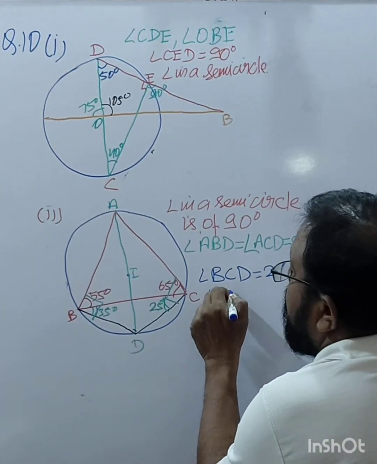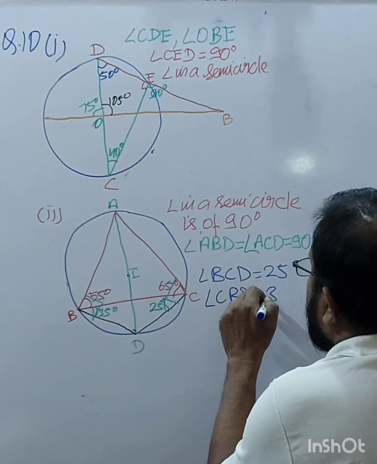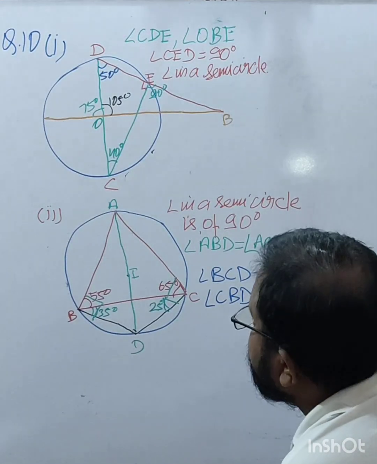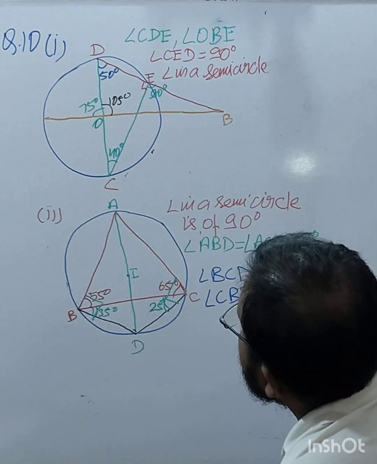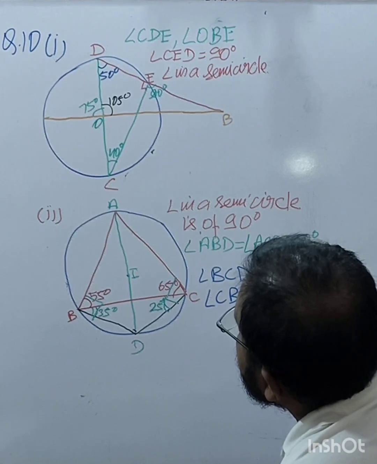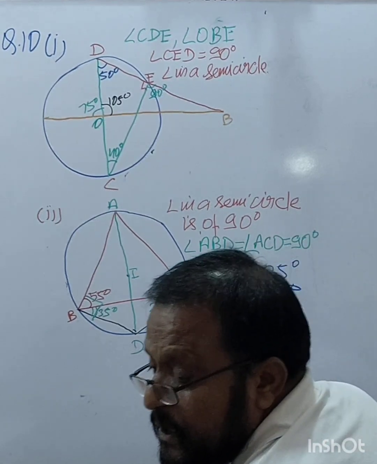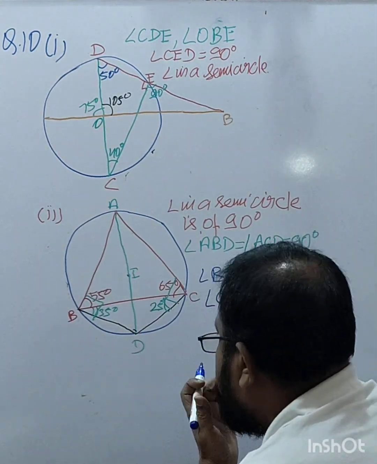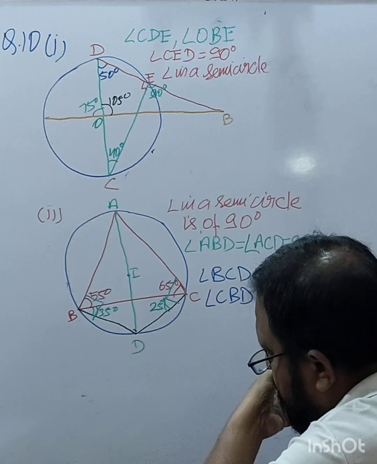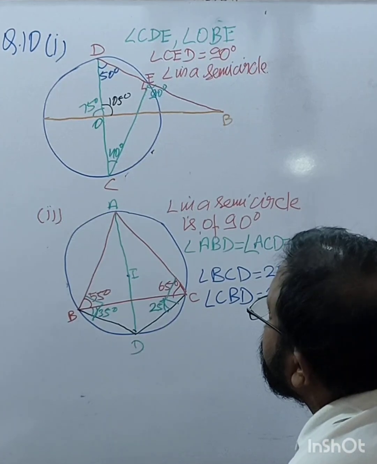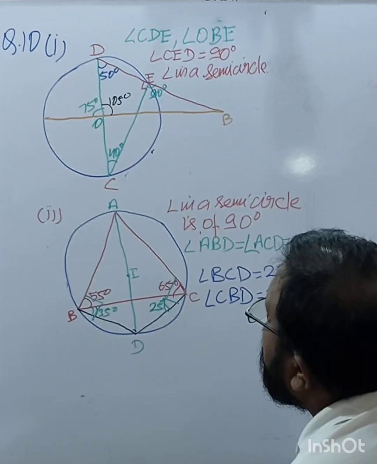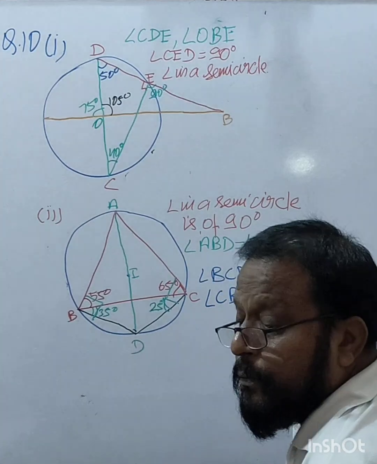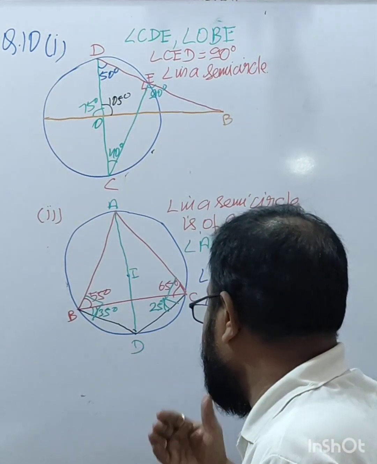Angle CBD is of 35 degree. Here DCI. Yes. 65 plus 24. It needs some more concentration, you know.